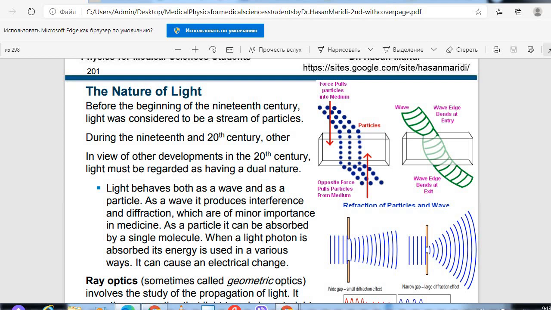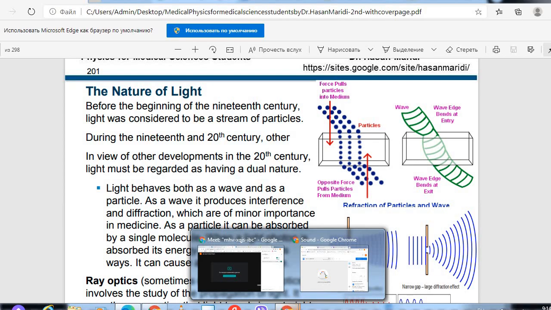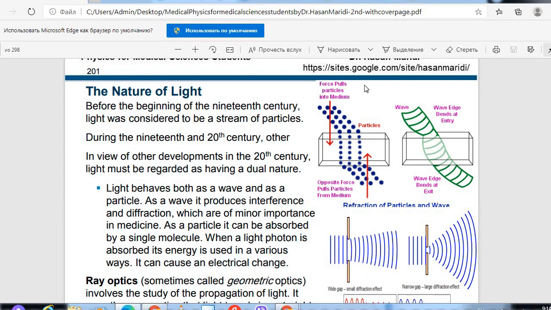What is the nature of light? Before the beginning of the 19th century, light was considered to be a stream of particles, like a fluid of particles. But we could also think about light as a wave, like a source of waves.